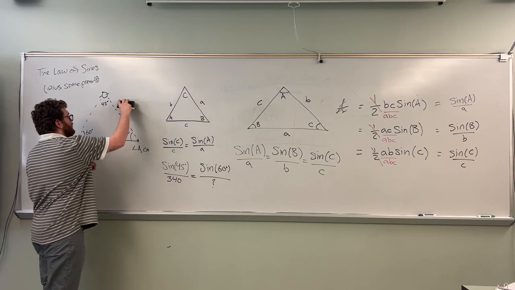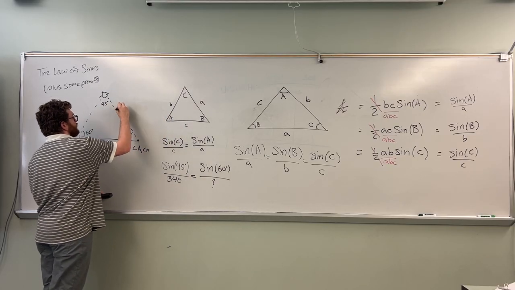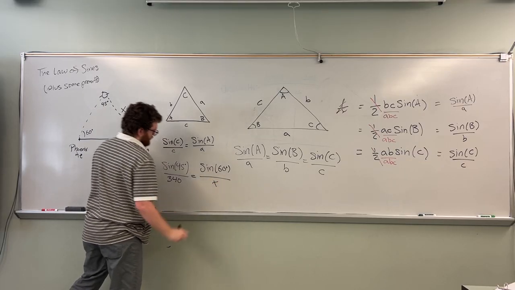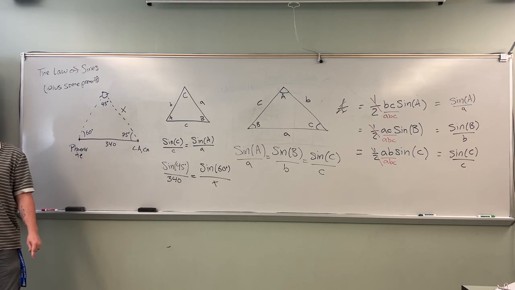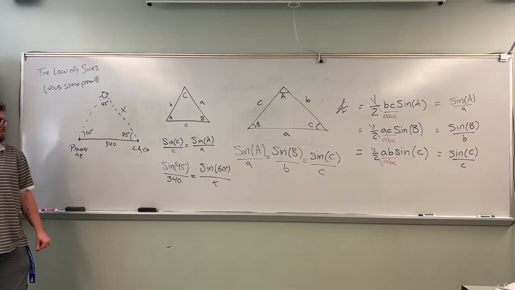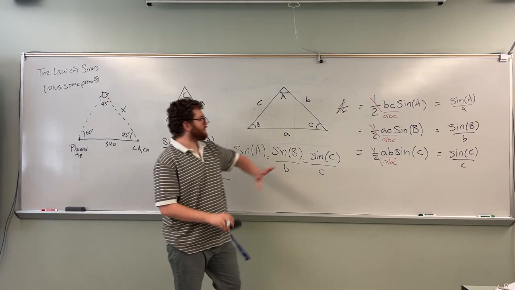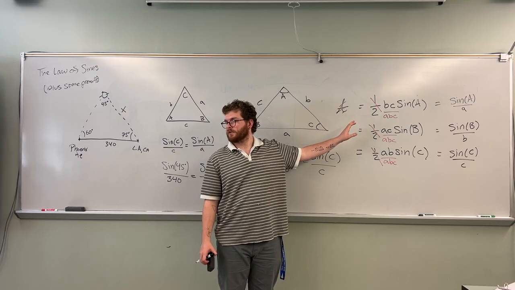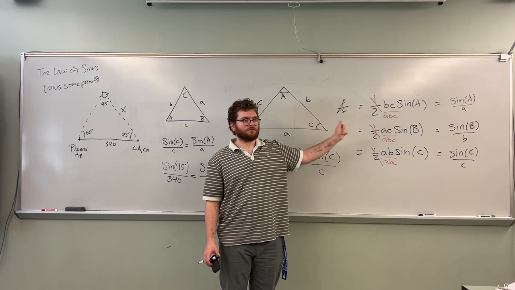Maybe I'll call it X. And now I want to solve for X. Does everyone have the stuff on the right side of the board written down? If you do not, raise your hand real quick. We're good?